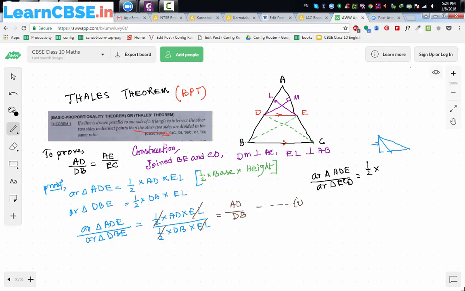So in that case, it will be AE into DM by half into EC into DM. Because for ECD also, this DM is the perpendicular to the opposite side, the height for the triangle.